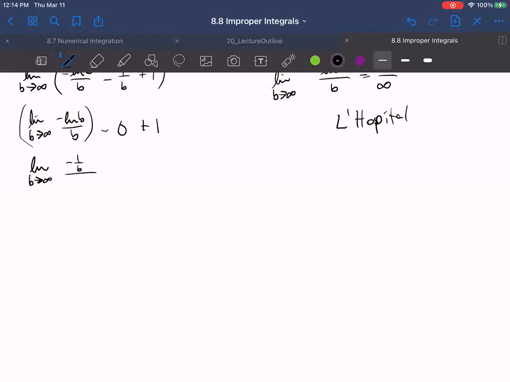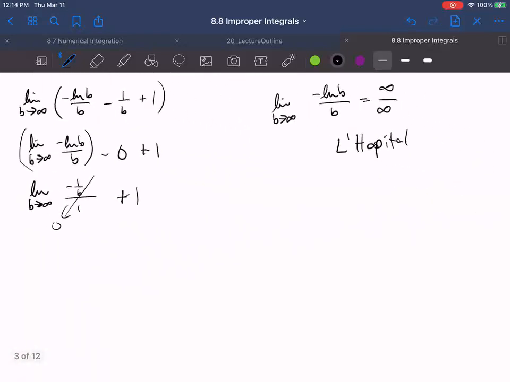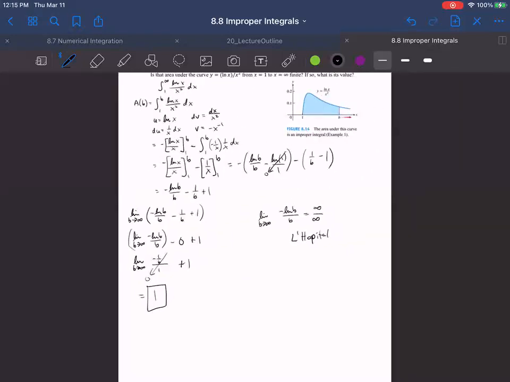And then what's the derivative of b? We still have that plus 1 we have to carry along. So we end up with just negative 1 over b. As b goes to infinity, what is that? 0. So that's going to go to 0, and we're going to be left with 1. There we go.